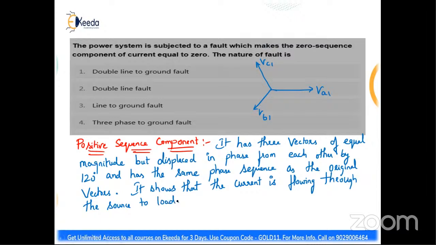Understood? So the positive sequence component has three vectors of equal magnitude but displaced in phase from each other by how much? 120 degree. The magnitude of VA1, VB1 and VC1 is the same, but the angle is 120 degree, and it has the same phase sequence as the original vectors. So it shows that current is flowing from source to load. This is the positive sequence component.